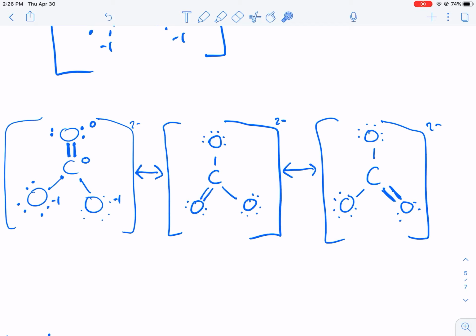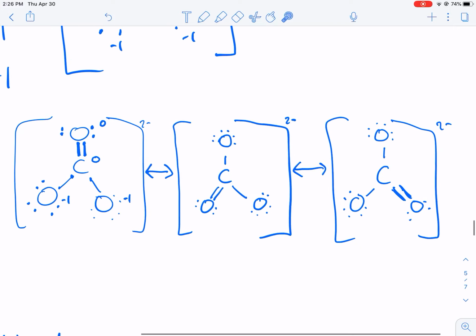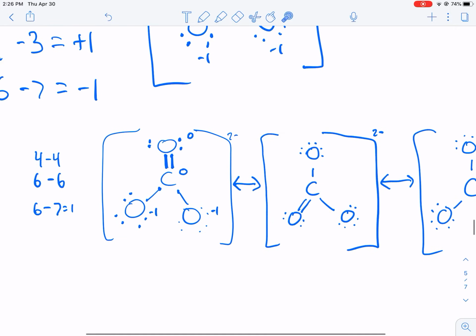So when we're looking at something like this, we have the bond orders, we have our hybridization. So we need to look at our hybridization. How is this thing bonding? We would say that it is SP. We've got 1 here, 1 here, and then there's a double bond here.